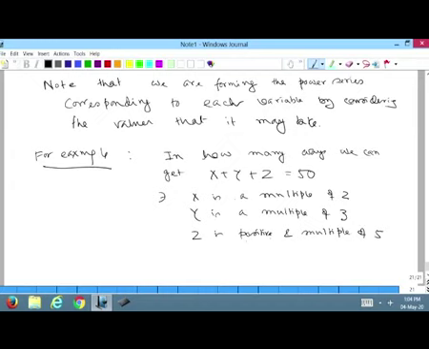We are not given whether x and y are positive, therefore, x and y can take the value 0 also.